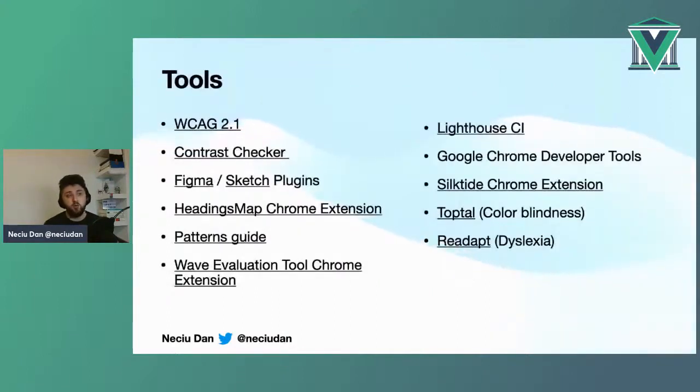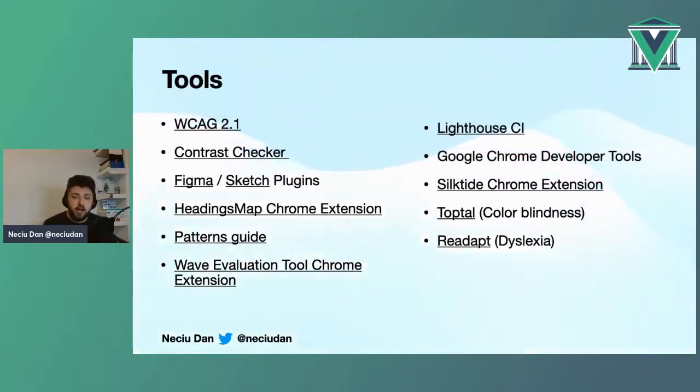So here are some tools that I'm going to share on Twitter after this talk is over, and also the slides, of course. You can check all of these tools out that can help you with your accessibility: to verify guidelines, the plugins for Figma and Sketch, and the Headings Map Chrome extension that will tell you if your headings are in the correct order. WAVE evaluation will give you an accessibility evaluation.